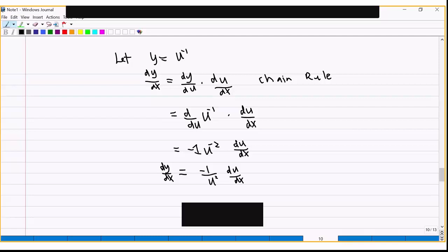I want to replace it, so all the dy/dx I'm going to replace by minus 1 over u squared du/dx now.